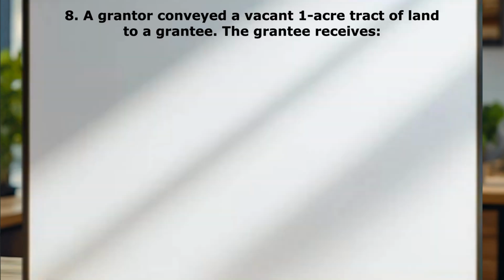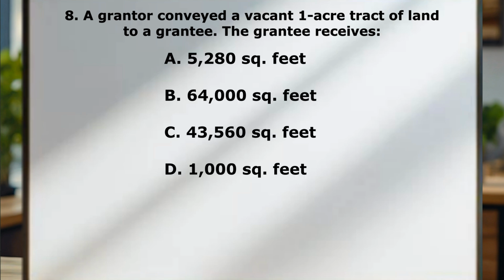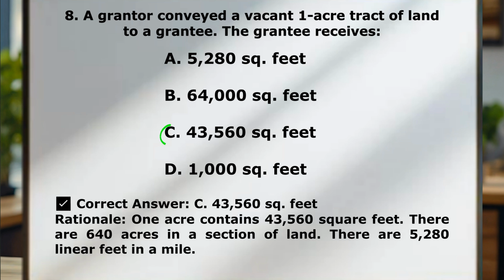Question number 8. A grantor conveyed a vacant 1-acre tract of land to a grantee. The grantee receives: A, 5,280 square feet. B, 64,000 square feet. C, 43,560 square feet. D, 1,000 square feet. Correct answer is C, 43,560 square feet.